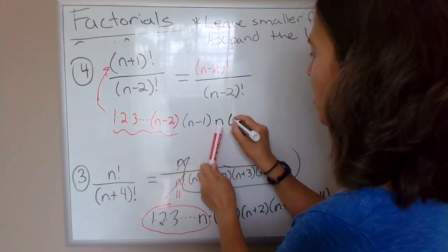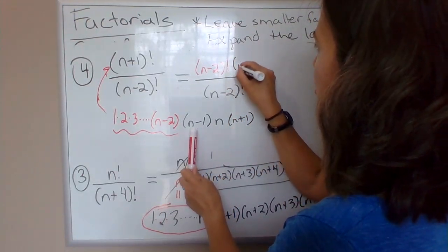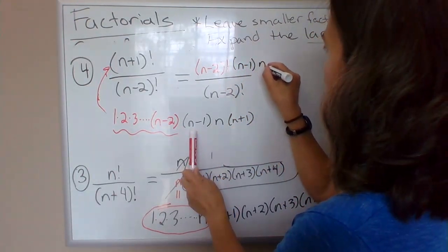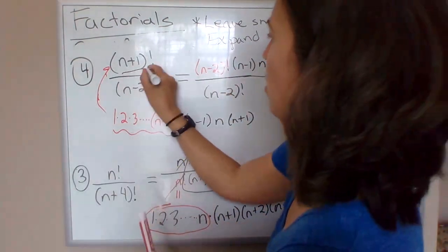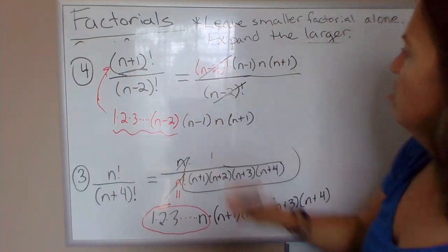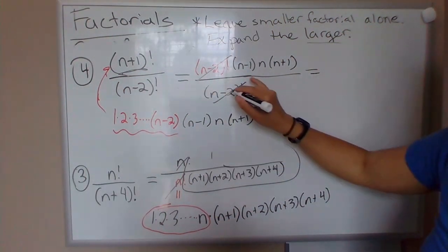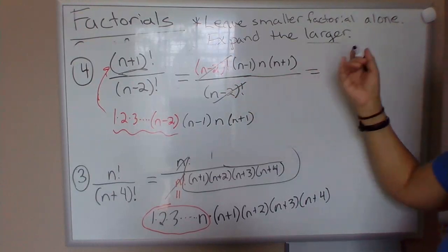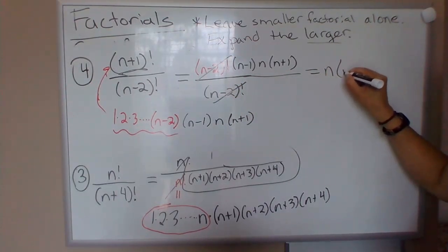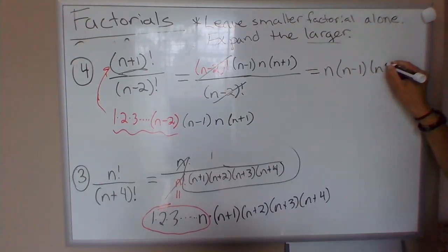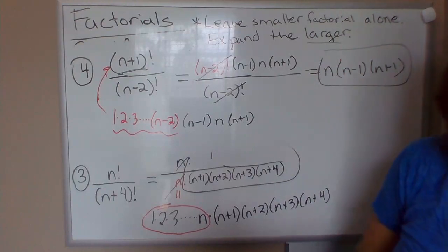Add 1 to that, that'll be n plus 1. So this is n minus 2 factorial times n minus 1 times n times n plus 1. You just keep adding 1 until you hit this value here. So the n minus 2 factorials cancel, and our final answer here is n minus 1 times n times n plus 1. I like having the n in front better, I think. So that's what example 4 simplifies to.